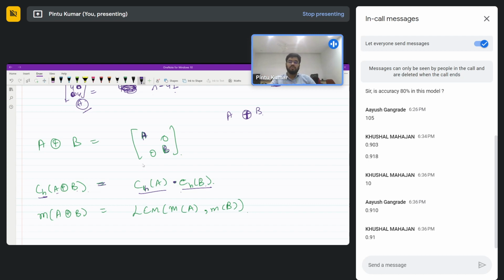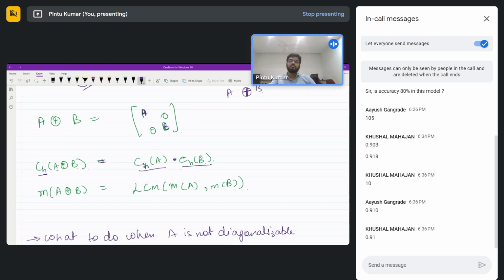Now for the minimal polynomial, the rule is that the minimal polynomial for A direct sum B is the LCM of the minimal polynomial of A and the minimal polynomial of B. For example, this is just an example, let's say the minimal polynomial of A is x minus 2, x minus 3 squared, and x minus 4 to the power 5.